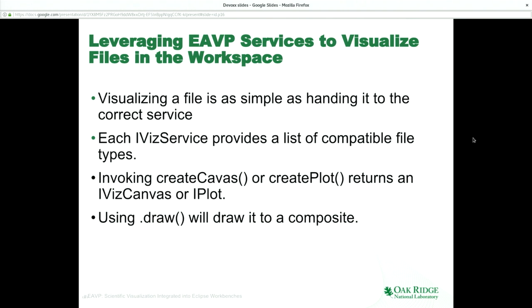The difference here is that create canvas is more for editors where you're actually creating or modifying the data, such as the mesh editor and geometry editor. The create plot creates an iPlot, which is more for Vivid, ParaView, things that are devoted purely to looking at the data. And then you just draw it to an arbitrary composite, and you have your visualization right there ready to go.